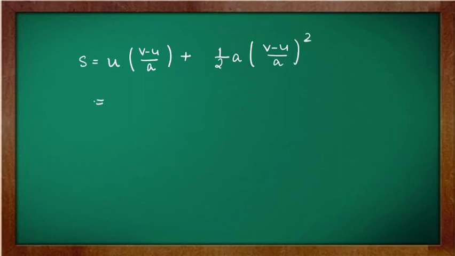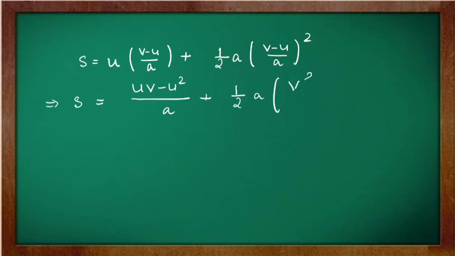So now we will be trying to solve it. Let us multiply u into v, uv minus u square by a plus this will be 1 by 2a. Now do it, v square minus twice uv plus u square.